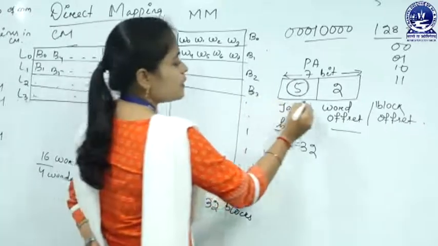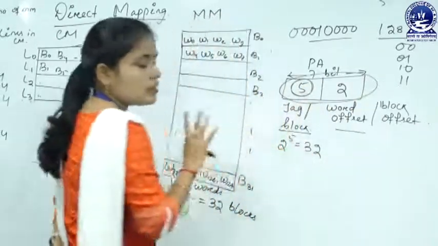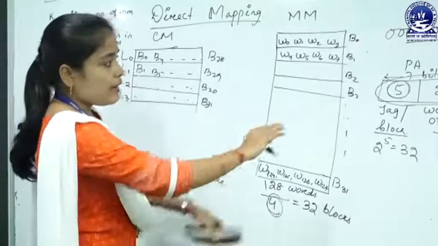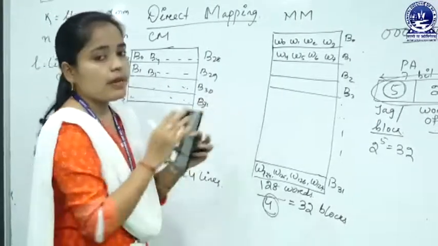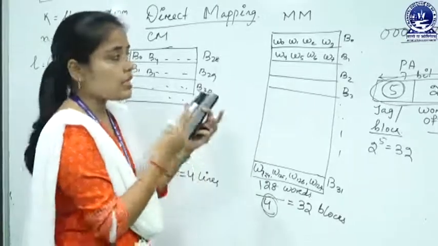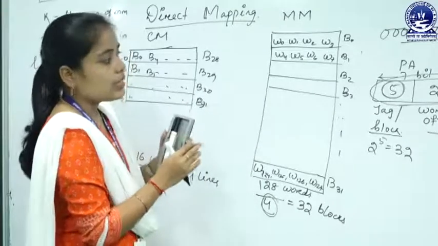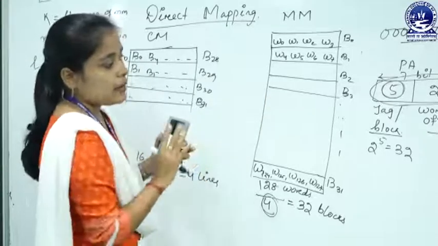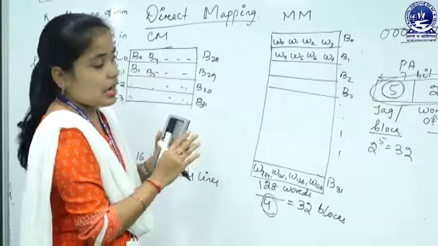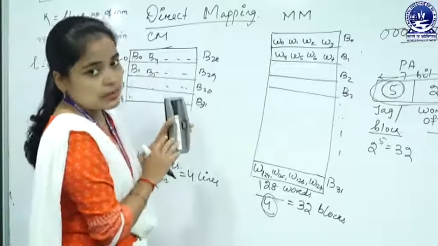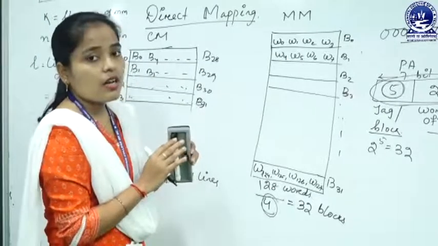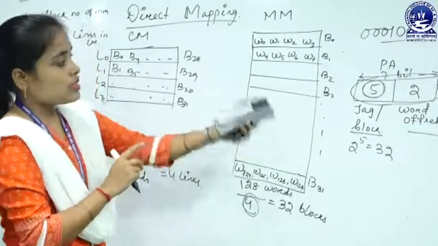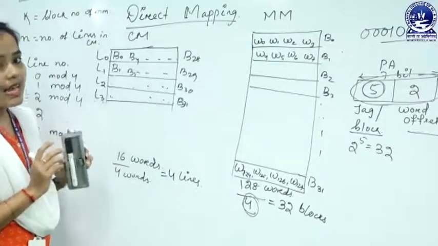So this is the physical address generated by the CPU. The address generated by the CPU must contain 7 bits, and the least significant bits are the word offset, and the most significant 5 bits represent the block number. And how will this be changed into the cache memory address?